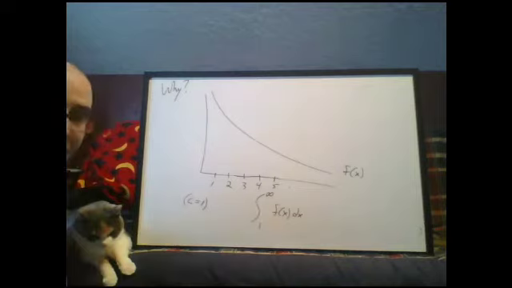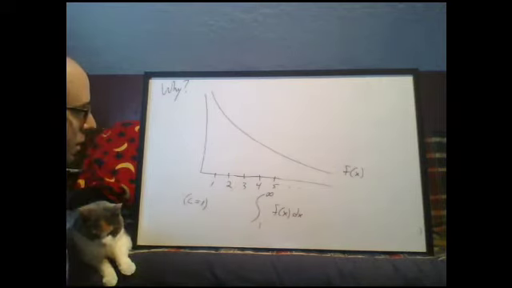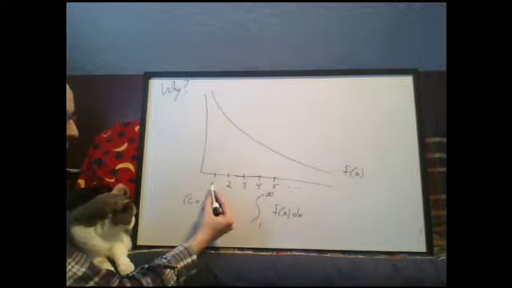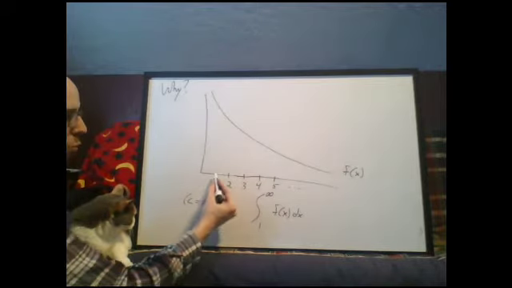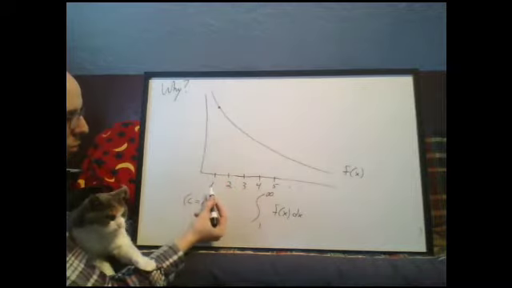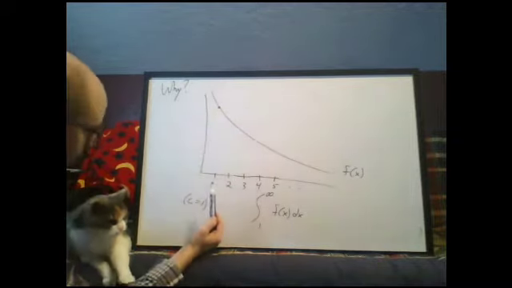So what I want to do is make a geometric interpretation of the series. One way I could do it is A1 would be, when n is 1, I go up to the curve, and that y value is my A1.